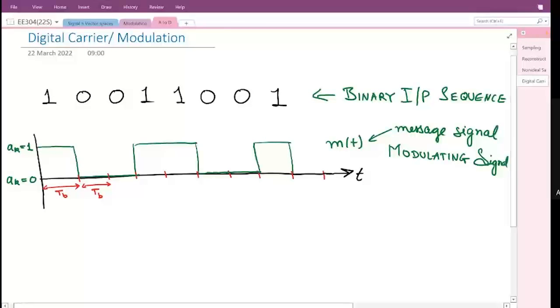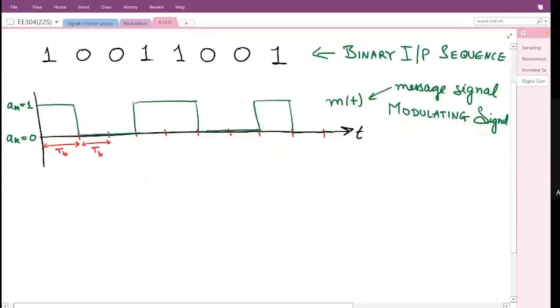And if I have the carrier wave, let us say that we have a simple cosine wave as the carrier.